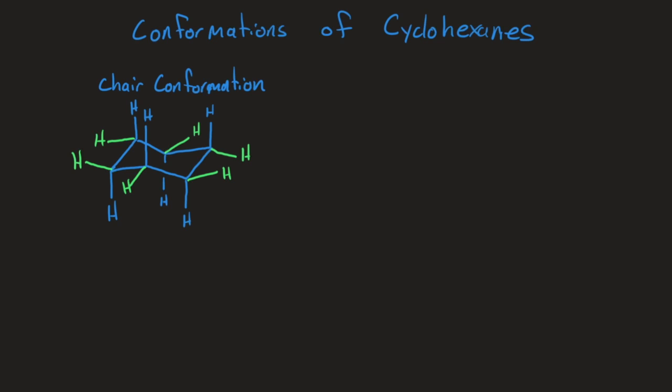If we want to think about the Newman projection of this chair structure, I'm going to look down this bond and this bond in this direction here. So I'm going to draw two circles right beside each other because I'm looking down two different bonds.